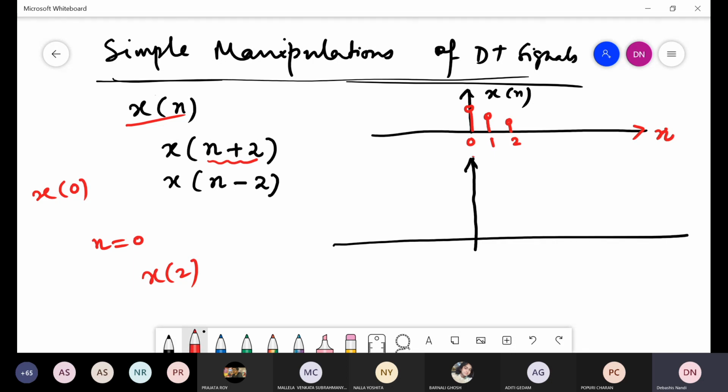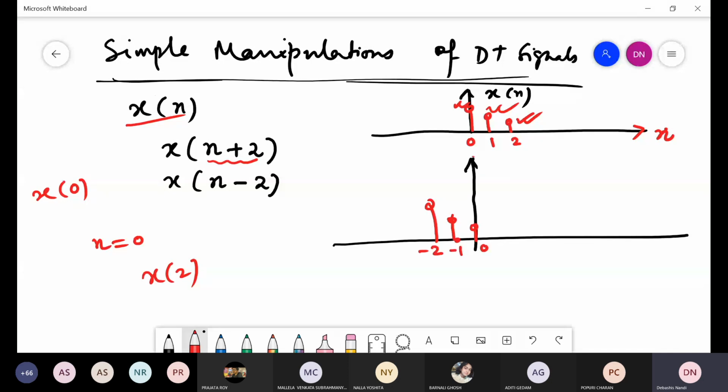So now this sample value will appear at n is equal to 0. Then this sample value will appear at n is equal to minus 1. I am writing here this sample value. And this sample value, which was at n is equal to 0 for xn, will appear here at n is equal to minus 2. So minus 2, minus 1, 0.